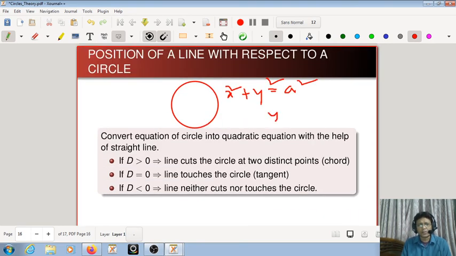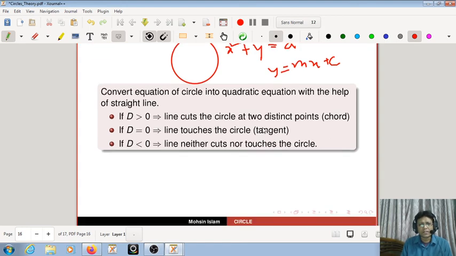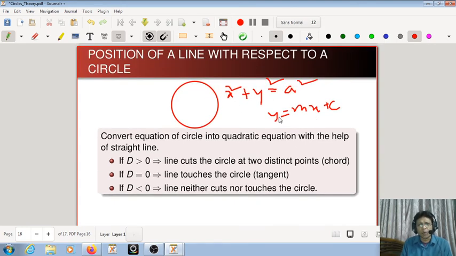And y = mx + c is the straight line. Then what I actually did, I have solved these two equations. Solved means I have eliminated y between 1 and 2. This is equation 1 and this is equation 2.